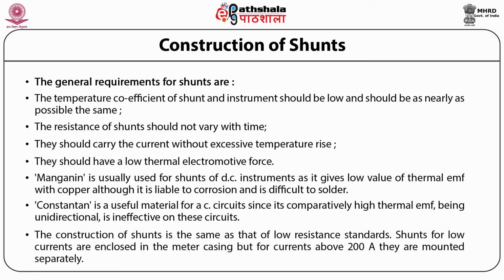The construction of shunts is the same as that of low resistance standards. Shunts for low currents are enclosed in the meter casing, but for currents above 200 amperes, they are mounted separately.